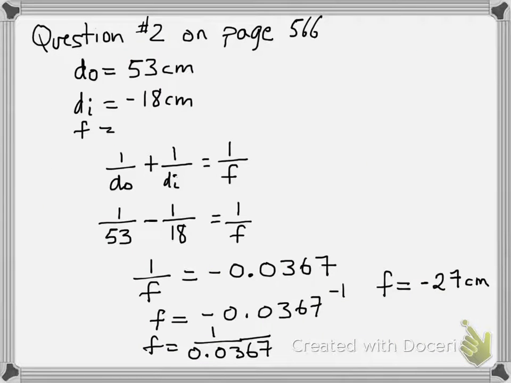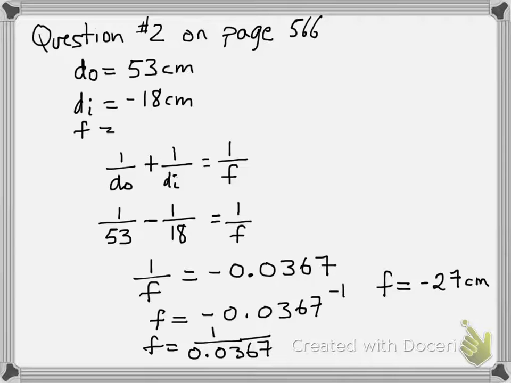Second question, again on page 566. If you have your textbook, I would pause it, read it, and get a feel for what the information is telling us. As you read through the question, it states a pencil is located 53 centimeters from a diverging lens. Okay, that indicates a diverging lens.